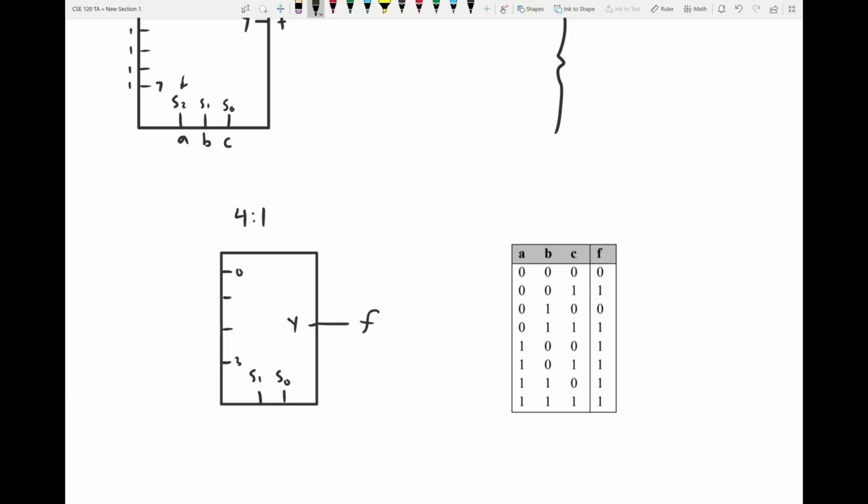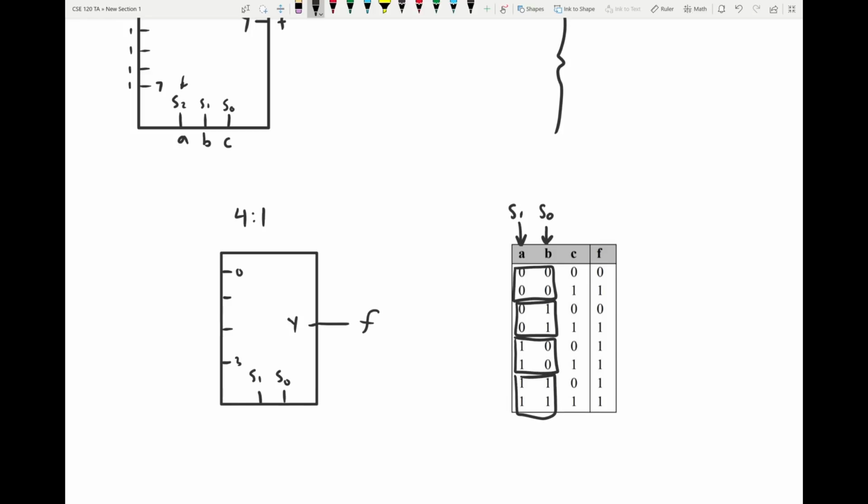So how do we do this? Well, the easiest way is to break up the truth table based on your 2 most significant bits. So we have 2 select lines. I'm going to dedicate the most significant select line, S1, to A, and the least significant, S0, to B. What that allows us to do is group the truth table based on where those 2 select lines produce similar patterns.